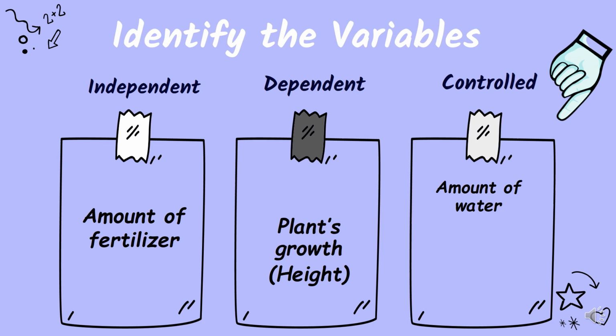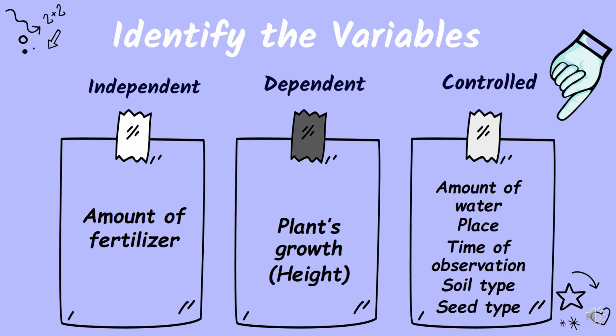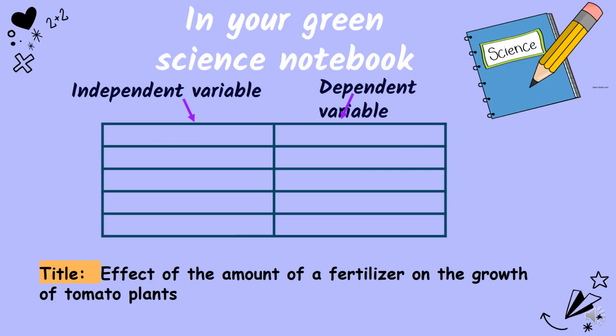You should put here in the independent the amount of fertilizer, and here in the dependent you should put the plant's growth or the height of the plants, and here in the controlled the amount of water, and the time of the observations, or soil type, or seed type.